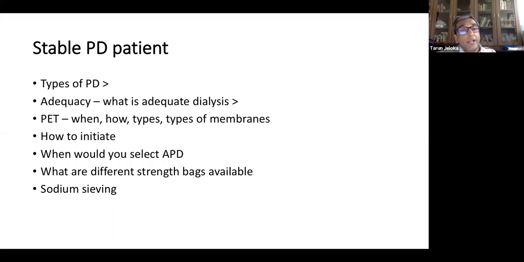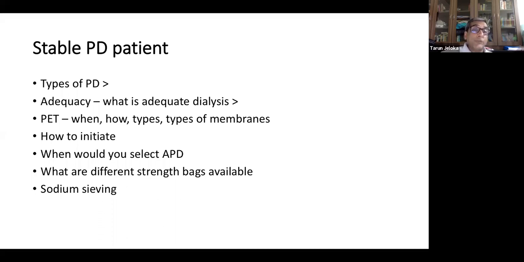If there are uremic symptoms, you need to increase the dialysis dose. When there is fluid overload or fluid retention, you need to increase the concentration of the bags. So you have to understand the difference between fluid and uremic symptoms. That is how you initiate, and then follow up with labs, etc. So this was briefly how you initiate.